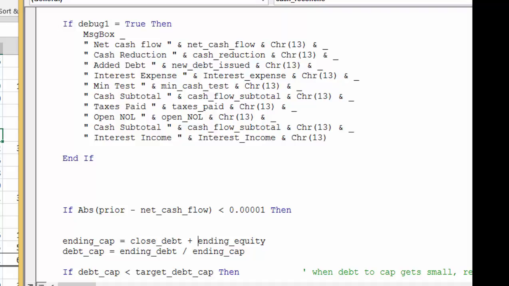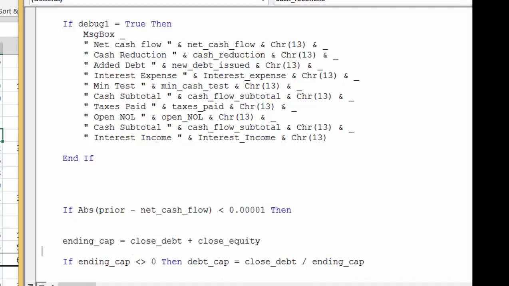We might as well call it close equity. Now, we better put an if statement here: if the ending cap is not equal 0, and just in case, I don't know, we could put even debt to cap 0.9 or something.